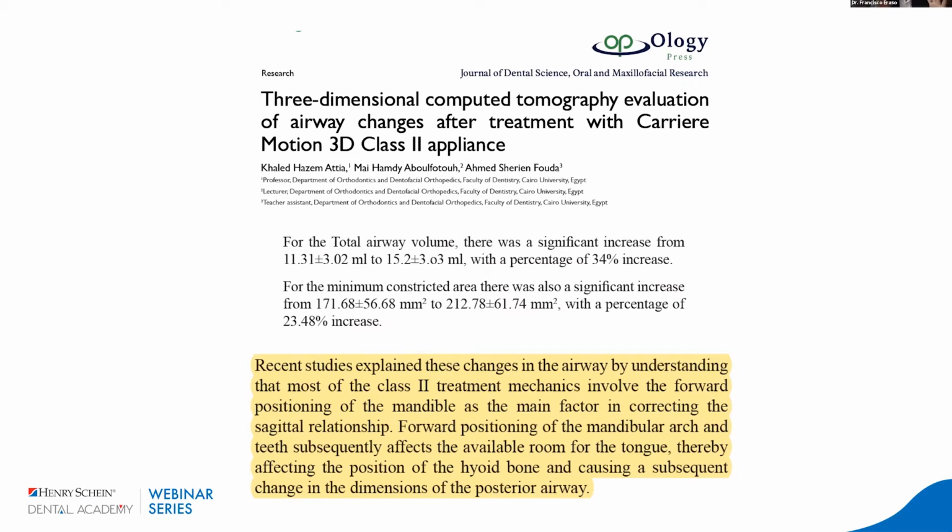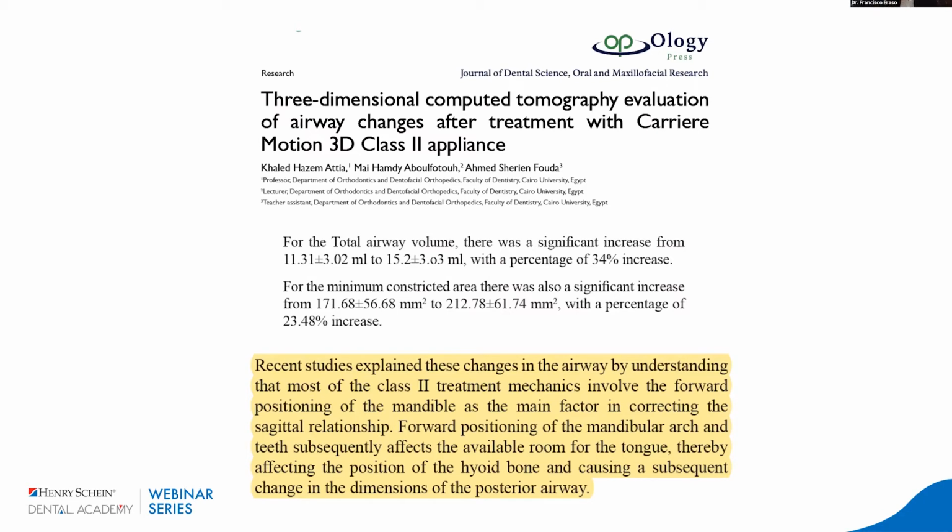This article explains, and it makes sense, that once the mandible rotates forward, the tongue will also move forward, creating more space for the tongue, okay? They also measure the most constricted area and the volumetric data.